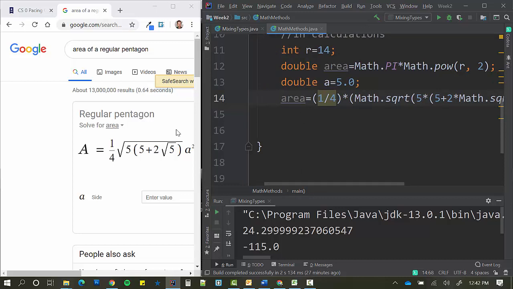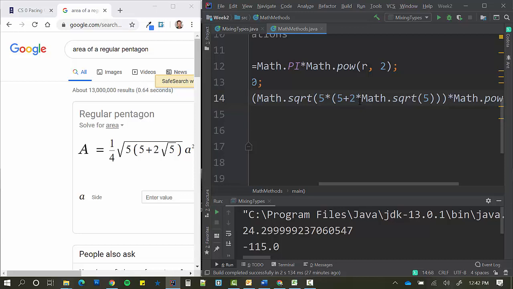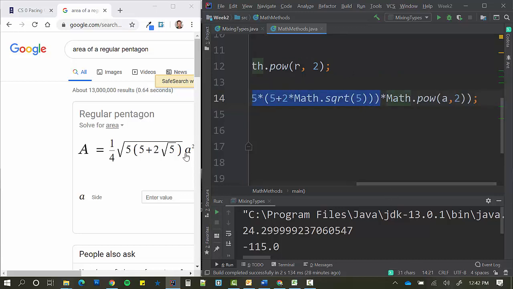Area, and that's my area, is 1/4 times the square root of, so Math.sqrt, 5 times 5 plus 2 times Math.sqrt 5, so square root of 5, and then that whole thing times a squared, Math.pow a squared.